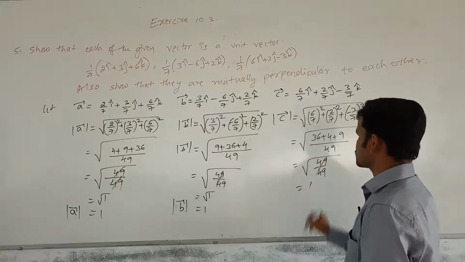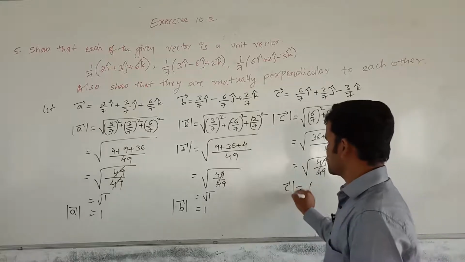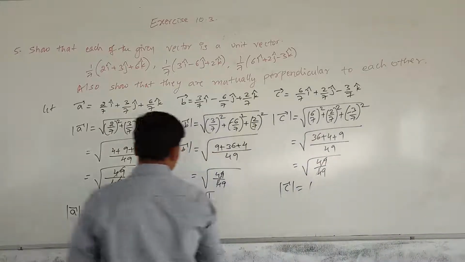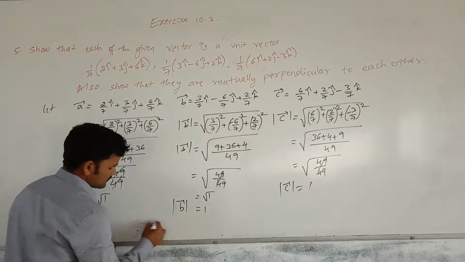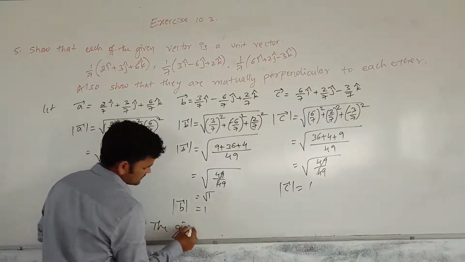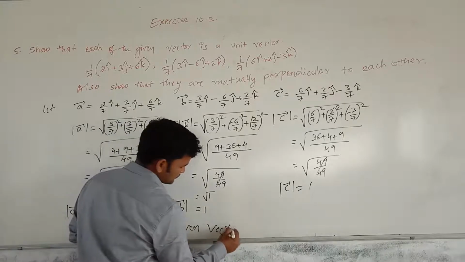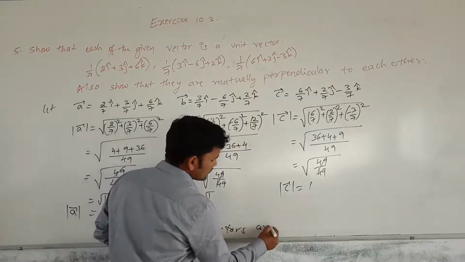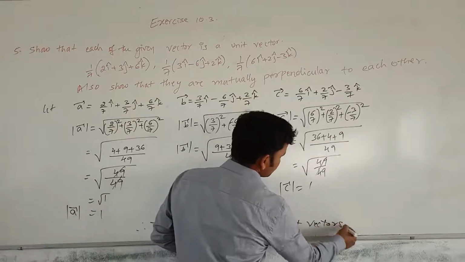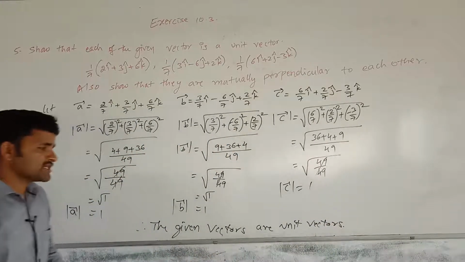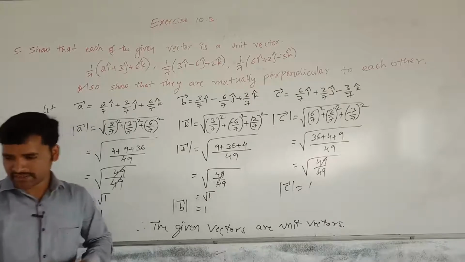This cancels out, square root of 1 means 1. Magnitude of vector C is also equal to 1. Therefore the given vectors are unit vectors. This is the first part of the problem, that is completed now.